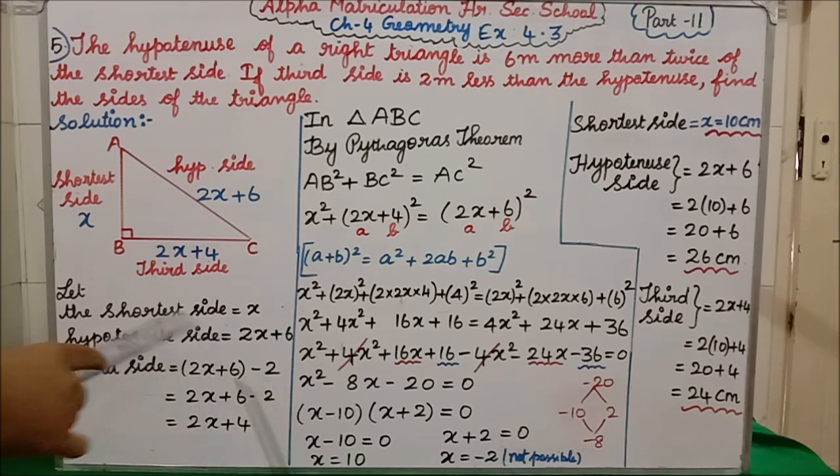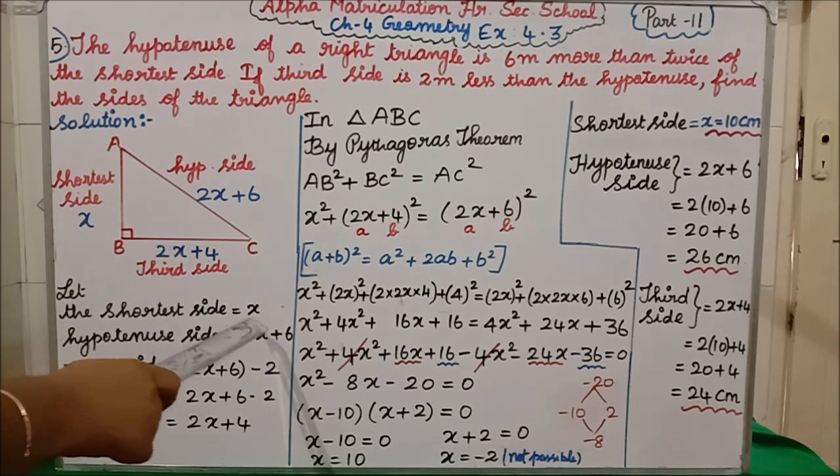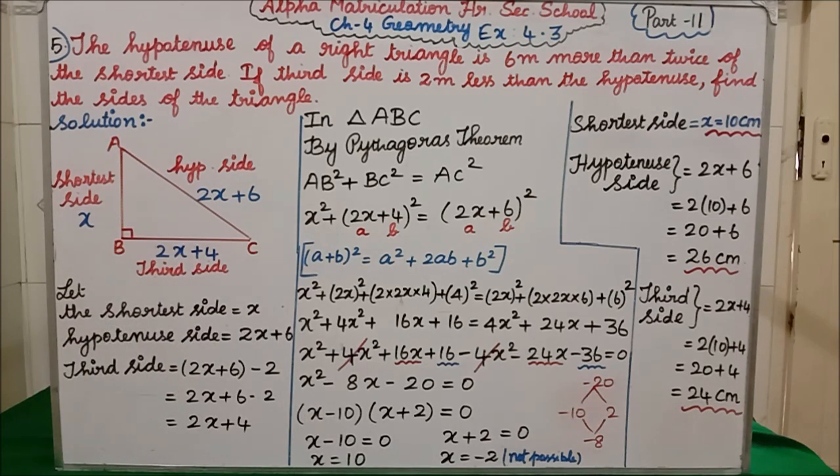Now I have taken this side as the shortest side. We don't know its length, so I have taken x centimeter. The shortest side is equal to x. Here, the hypotenuse, as the question says, is 6 more than twice the shortest side.